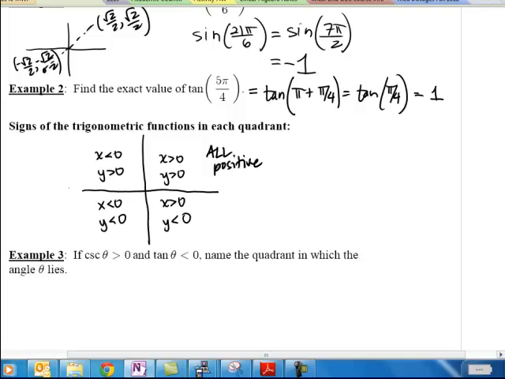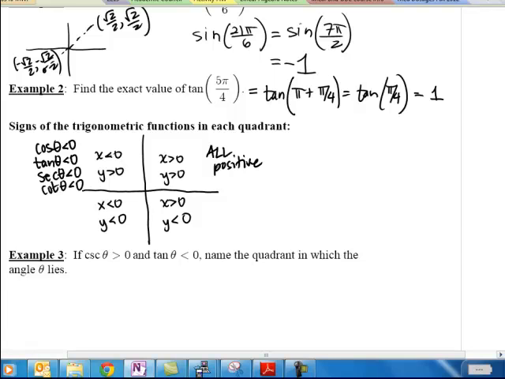In quadrant 2, anything that involves x is going to be negative, right? So cosine involves x, and tangent involves x, and secant involves x, and cotangent involves x.